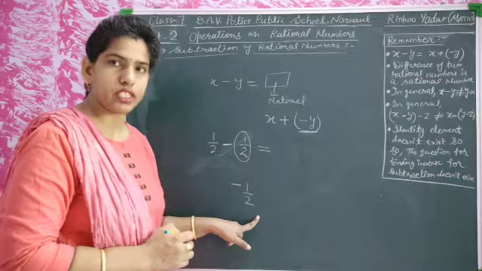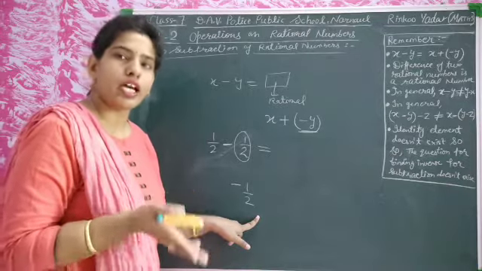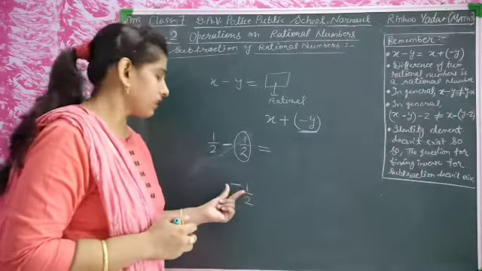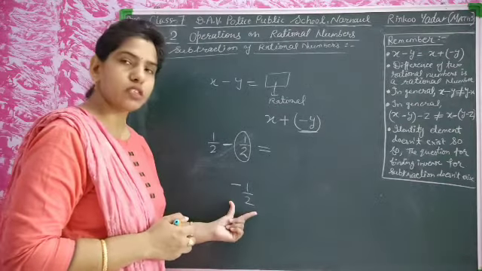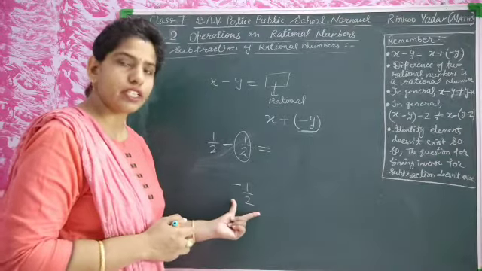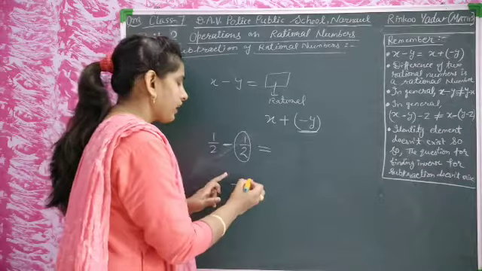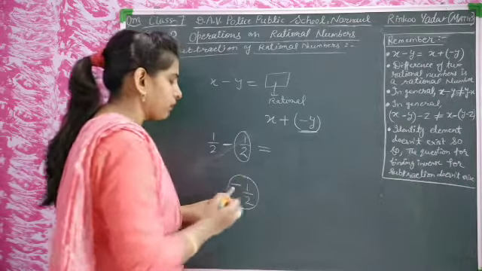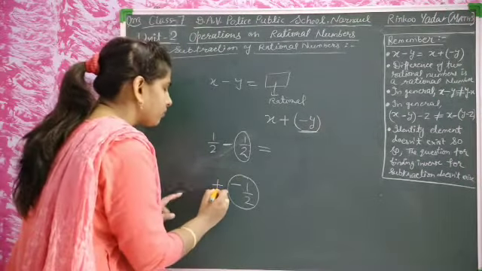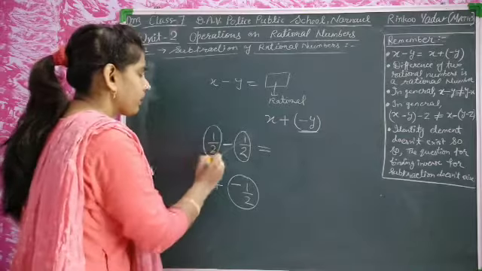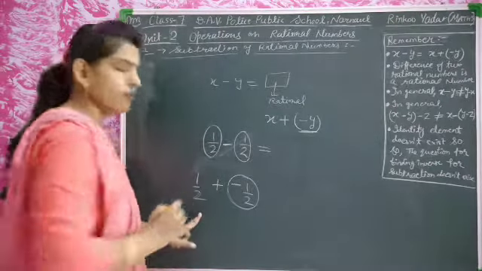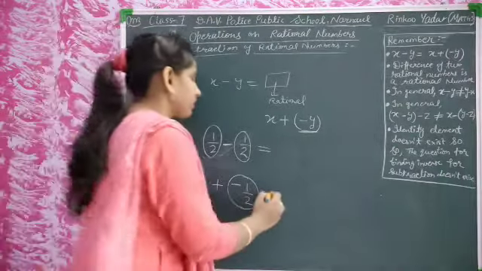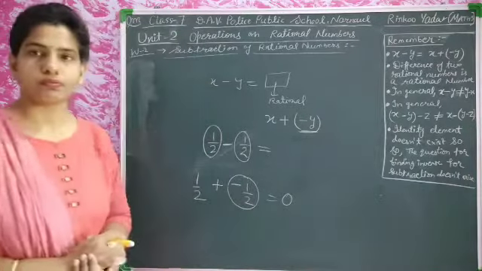Is it clear, students? I told you about additive inverse in the previous class. Minus 1 by 2 is the additive inverse of 1 by 2, and it is added to x, that is 1 by 2, and that must be equal to 0.